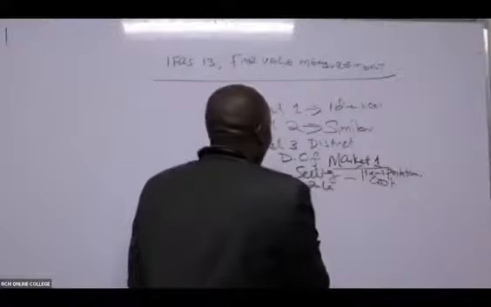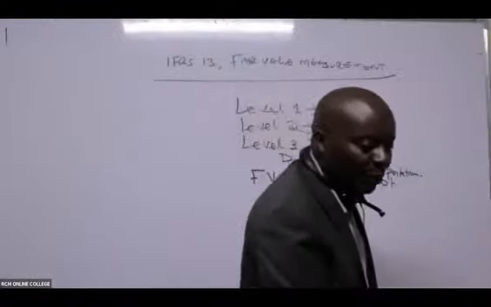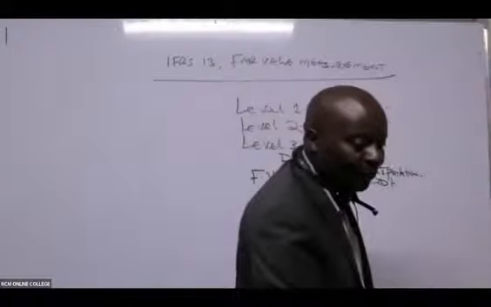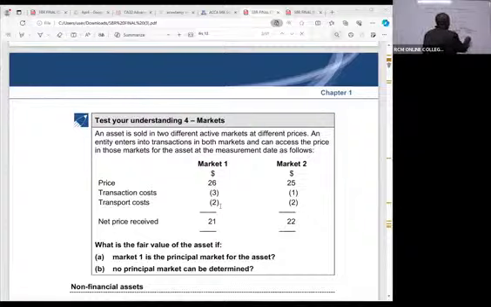So our fair value will be equal to the selling price, which has been given to us as 26. So I'll take 26 minus 2, which is 24. So this 24 is the price at which you shall carry your asset in your books of accounts.